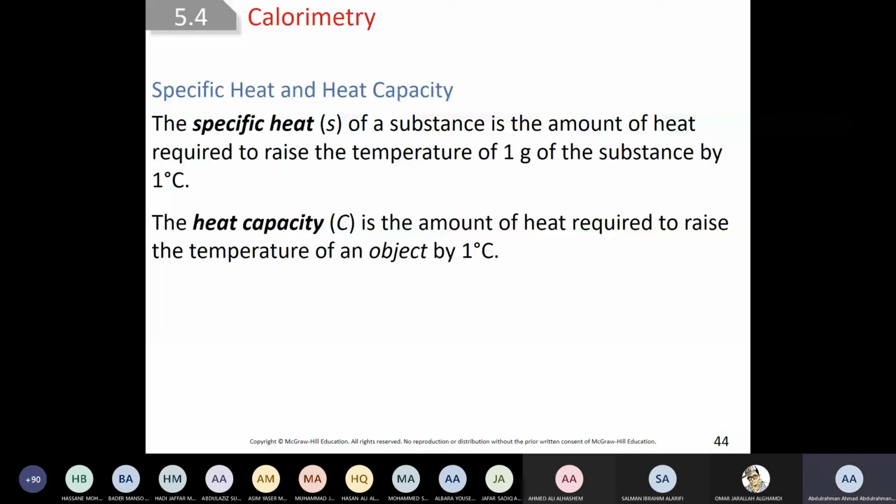Specific heat we're going to represent by the letter S. Heat capacity, we're going to represent by C. What's specific heat?